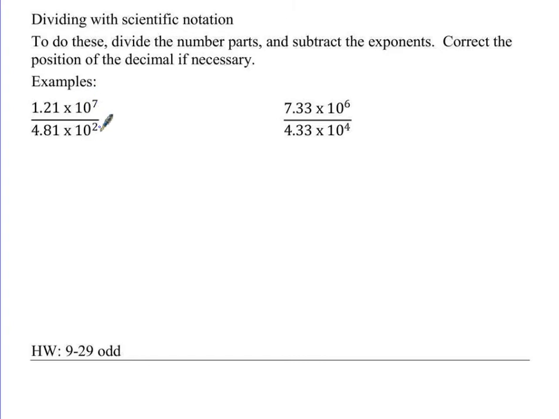And we have a number here divided by a number here. So just like before with our scientific notation, when we had multiplication, we multiplied the numbers together and then we multiplied the tens to the power together and we added those exponents. Here we're just going to divide these two numbers and then do what with this? Subtract the exponents. So take 1.21 and divide it by 4.81. What do we get?